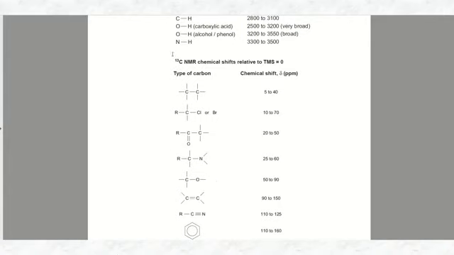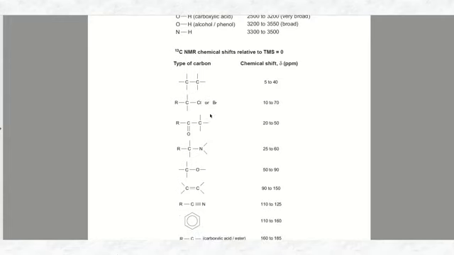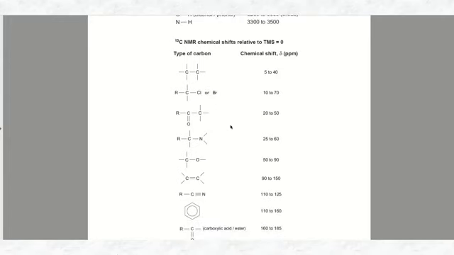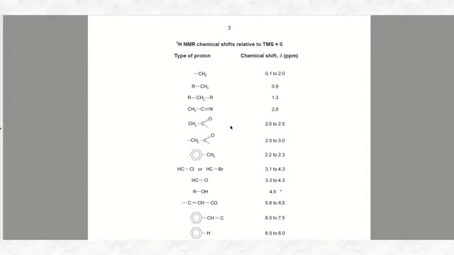Also, we have the carbon-13 NMR shift table. And again, we have the chemical shift values, in this case in ppm. So also we have what type of carbon that relates to. So we can see an example there of an aliphatic carbon being perhaps 5 to 40 ppm. And a similar looking table, but this is the proton NMR chemical shift table.